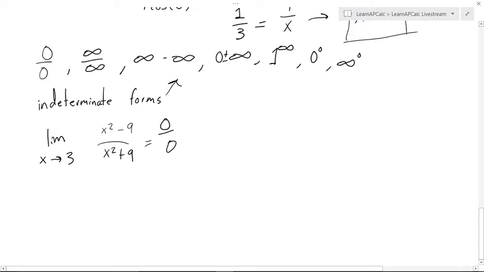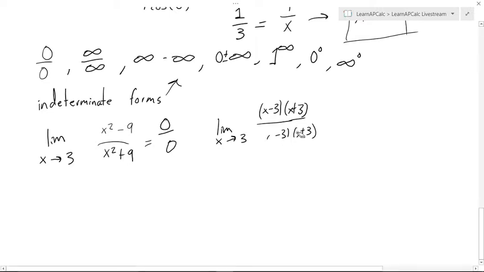But okay, we have an indeterminate form. Let's try to solve it. The method that jumps out at me first is to factor. Factor the top, and then factor the bottom. Now it looks like this is an easy problem, I can cancel everything and this comes out to 1.